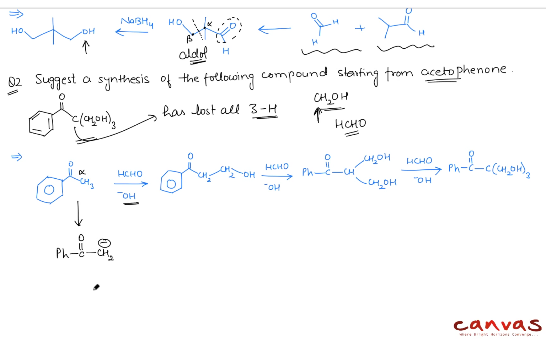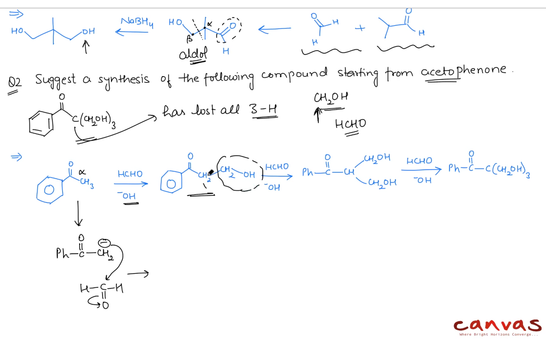So now when this attacks the HCHO, the final product is this molecule CH2. This will become CH2O negative and finally gets the hydrogen back, OH. Now we have been able to get one CH2OH.